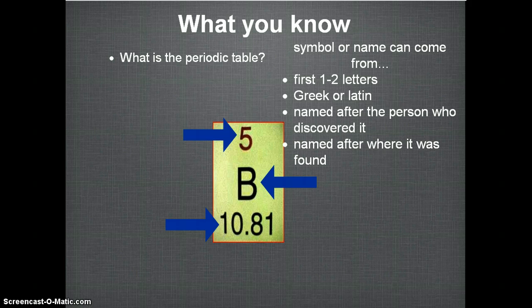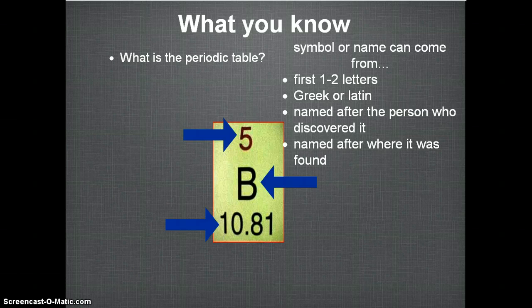Who knows? I don't speak Latin. But at times the symbol will originate from the Greek or Latin name. Sometimes the element is named after the person who discovered it, or where it was found. Think of elements like Einsteinium, or francium, that's another one, where it was found.